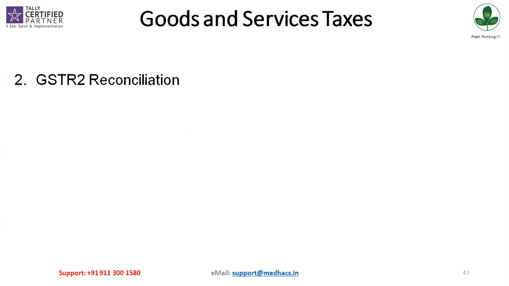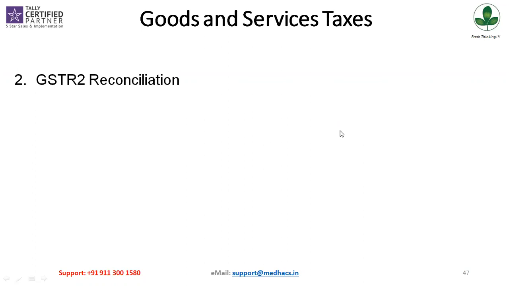Then we will look at detailing of GSTR2 and how do we reconcile the GSTR2 which is available with us, which the input tax which is available with us, and how much of input tax is available on GST portal, and how could we reconcile our books with the GST portal. So this we will look at today.